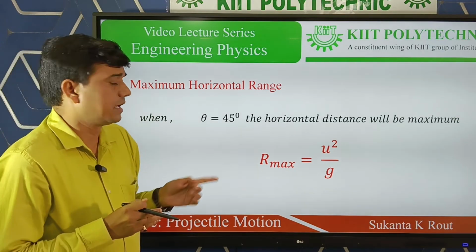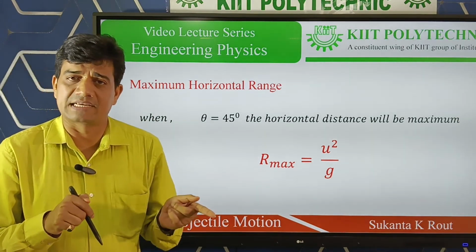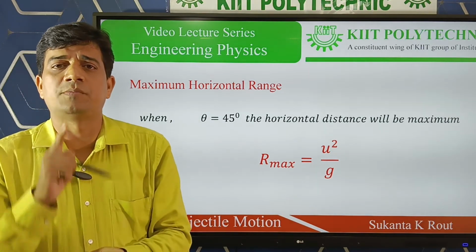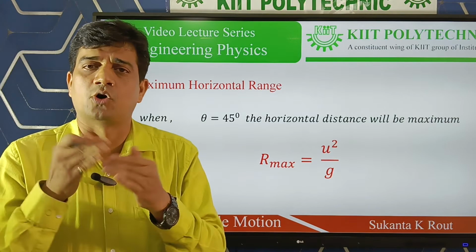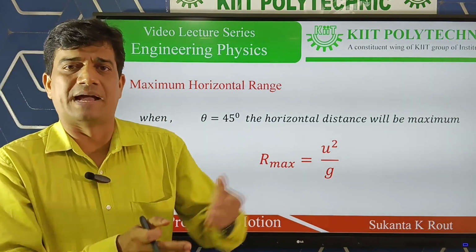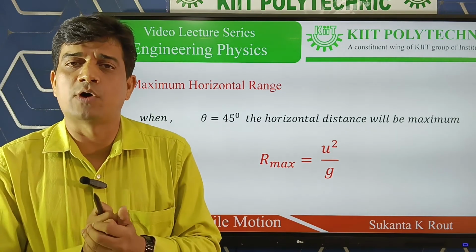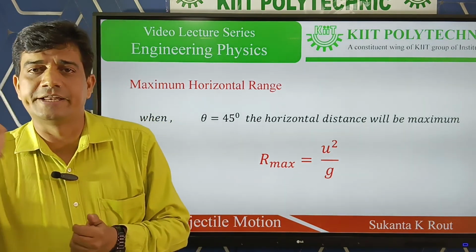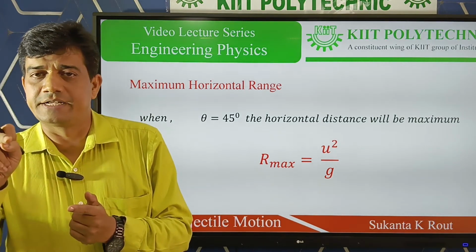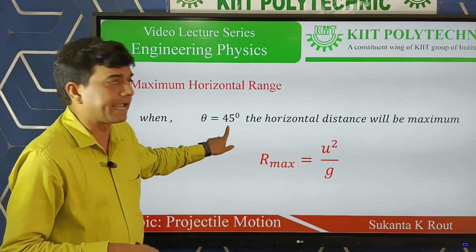You know this formula, R equal to u square sine 2 theta by g. That range will be maximum only when sine 2 theta is 1, because the maximum value of sine is 1, the maximum value of cos is 1. So sine 2 theta equal to 1 means 2 theta equal to how much? 90 degrees, because sine 90 is 1. So 2 theta equal to 90, or theta equal to 45.